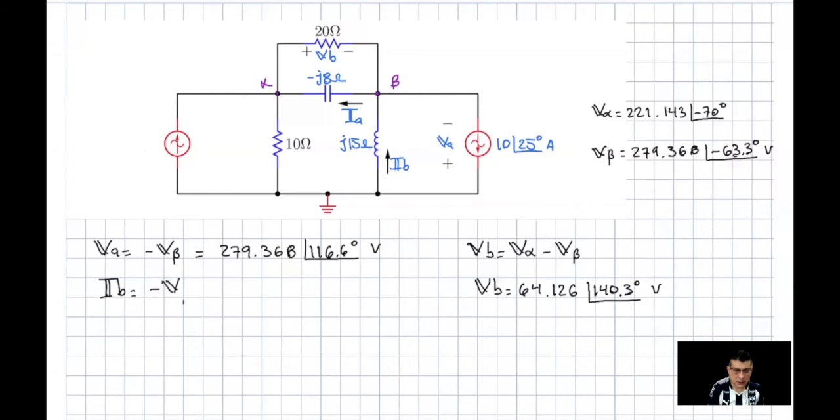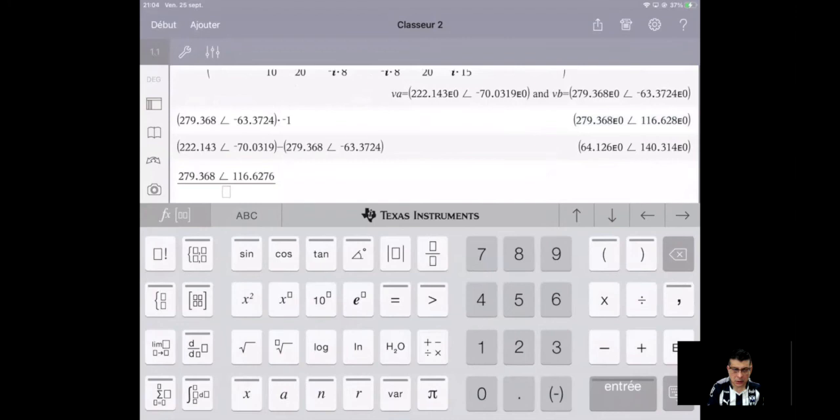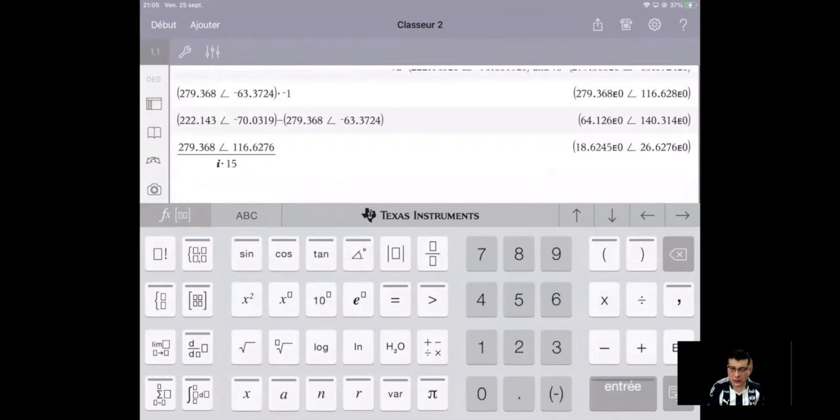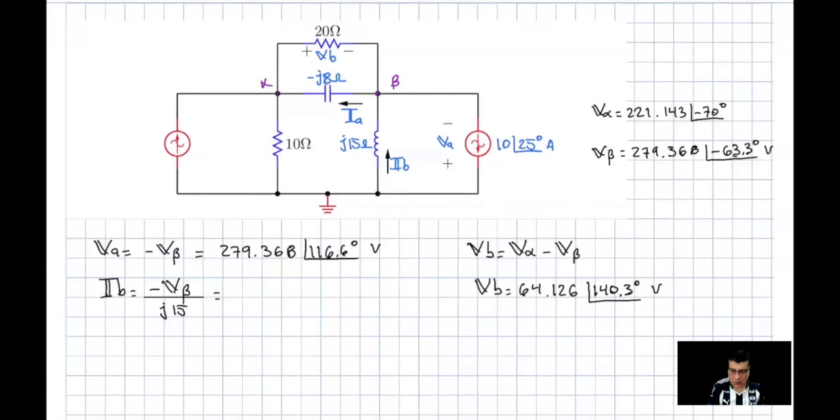I already have this quantity and I have to divide it by J15. I'm going to grab this and all the division here. That's it. I have it: 18.6245 angle of 26.6.